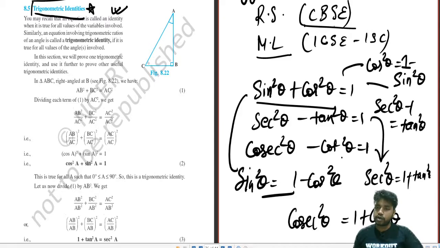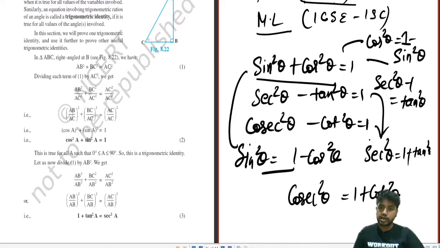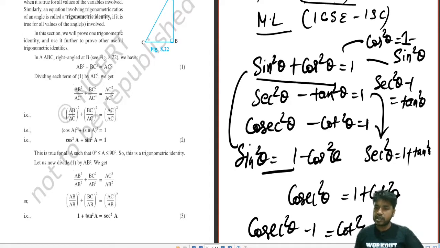And same applies for cot. That will be, will I get a space? Yes. Cosec square theta minus 1 equals to cot square theta. So these are all the formulas derived from these three formulas.